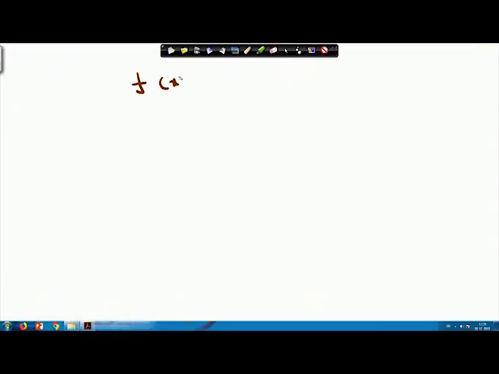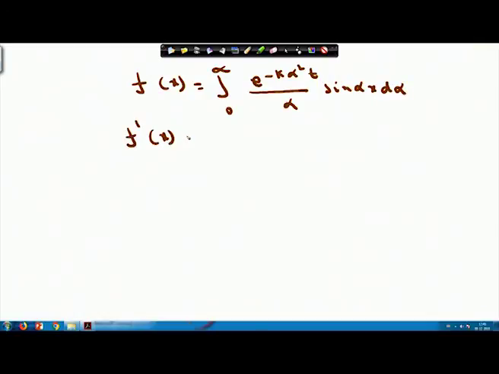Let your f x equals integral 0 to infinity e power minus k alpha square t by alpha into sine of alpha x into d alpha. From here you can tell what is your f dash x.